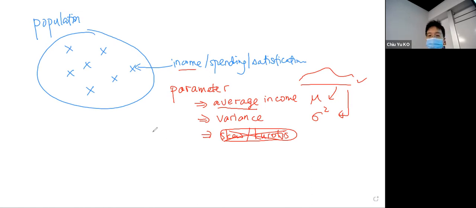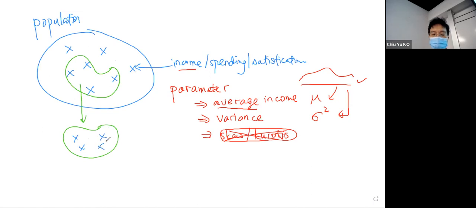How to do that is we take a sample, a small picture. If this small picture is representative, the sample is valid. This means the small sample would not deviate too much from the large picture.